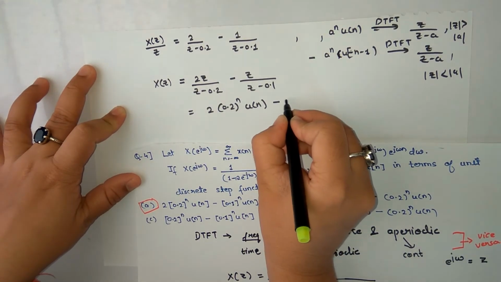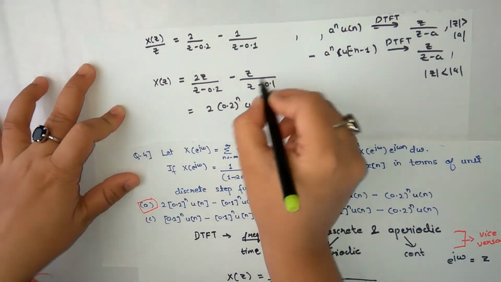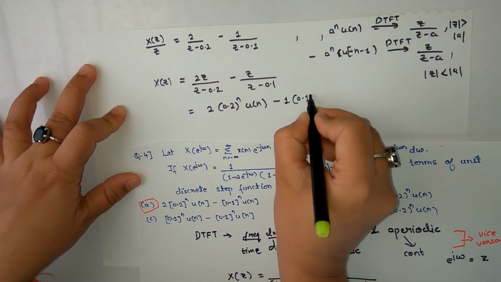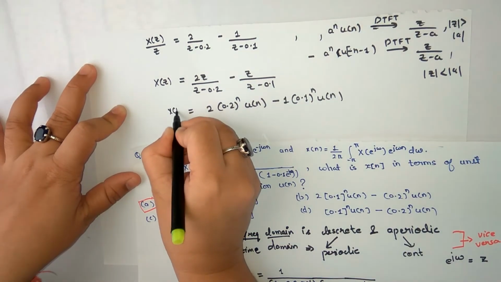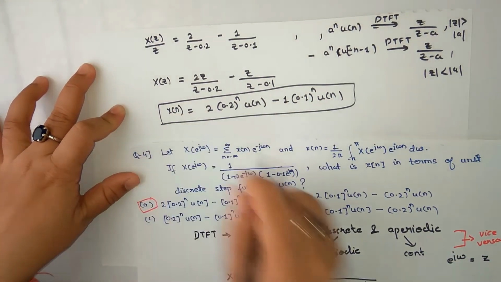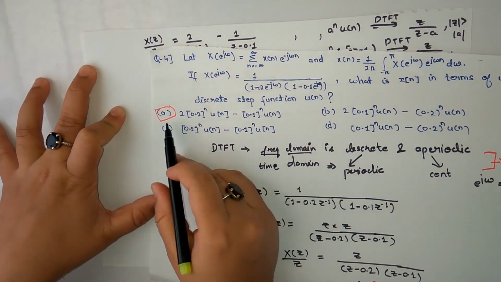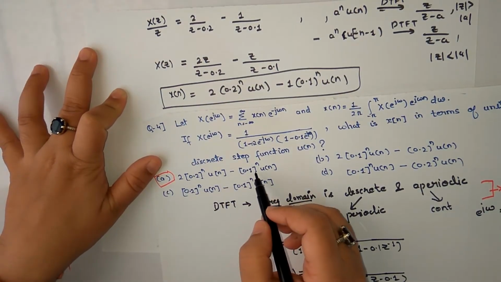Minus 1 is the coefficient over here, and the a value is 0.1, so 0.1 raised to the power n u[n]. So x[n] is nothing but this value. And checking with the options, we can see this answer corresponds to option A.